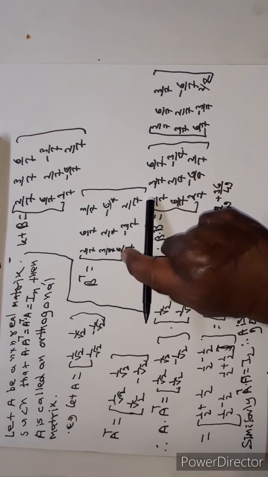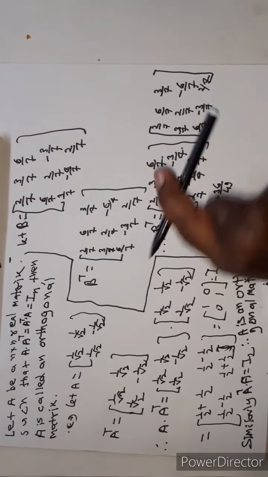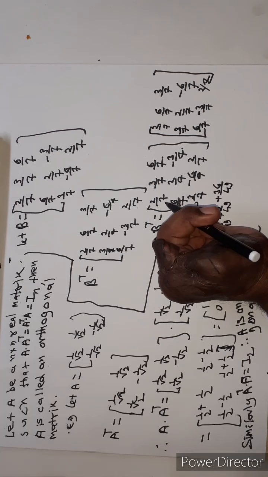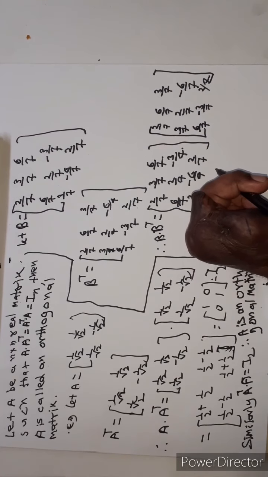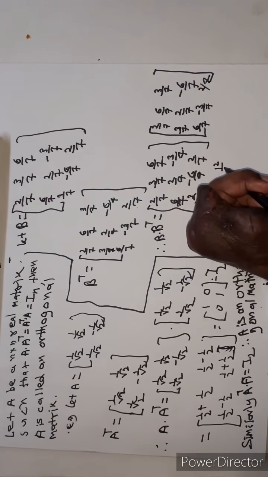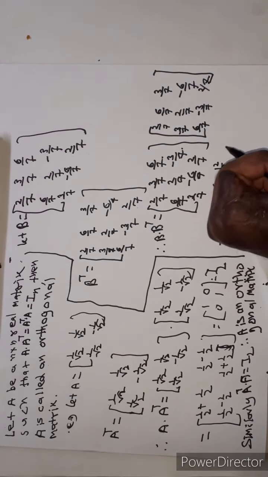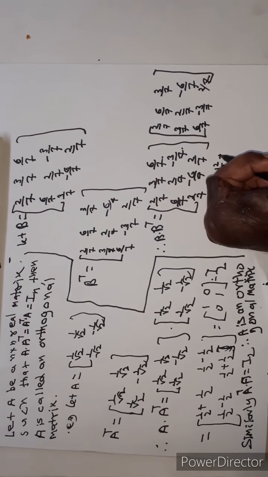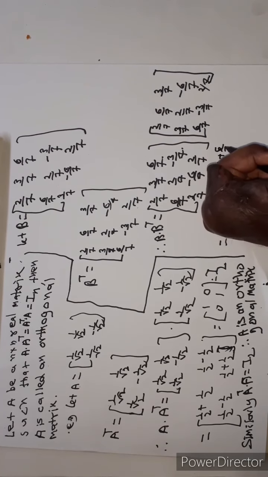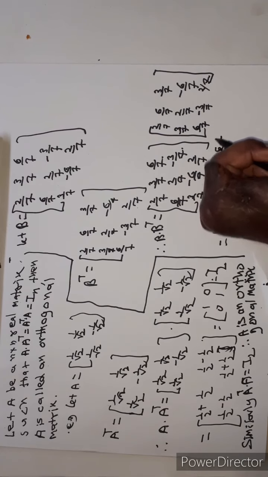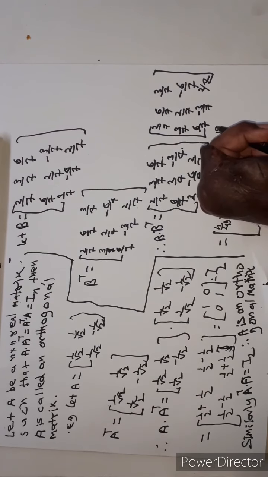Here then we multiply by this first row to the second column. This is 2 by 7 into 6 by 7, 12 by 7. 3 by 7 into 2 by 7, 6 by 7. 6 by 7 minus 3, minus 18 by 7.